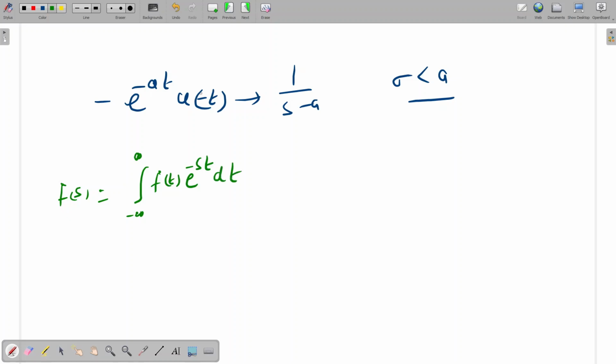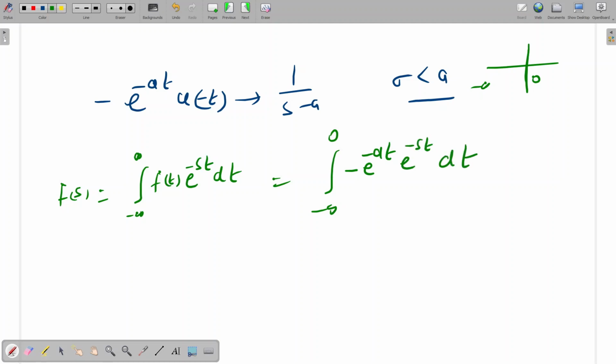So this u of minus t means the limits will be from minus infinity to 0. So we can write minus infinity to 0, and this is minus e to the power at into e to the power minus st dt. Is it correct? One second. If I am doing 0 to infinity, what will happen?